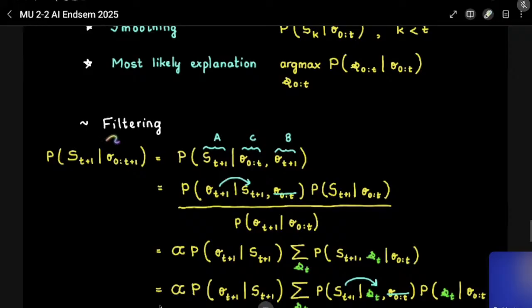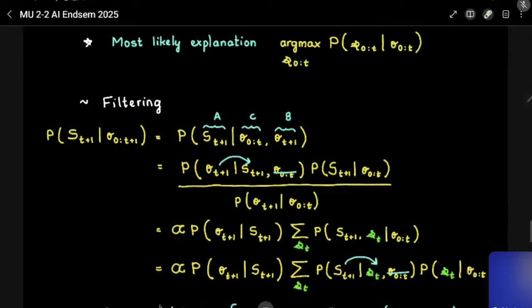So filtering is essentially you have, see, by this I simply mean you have O0, O1, O2 until O(t+1), if you got confused with the syntax. So filtering, probability of S. Let's say we are at time t+1 and we want to find the probability of hidden state t+1 given a sequence of observations until time t+1. I didn't do anything here.